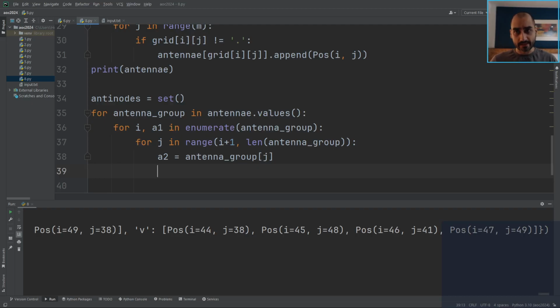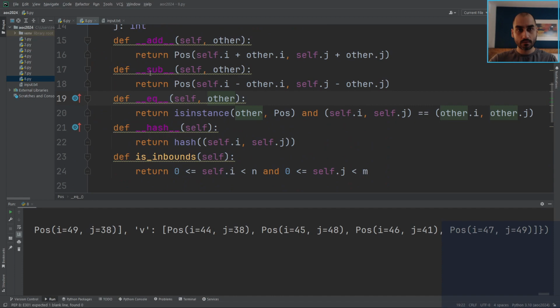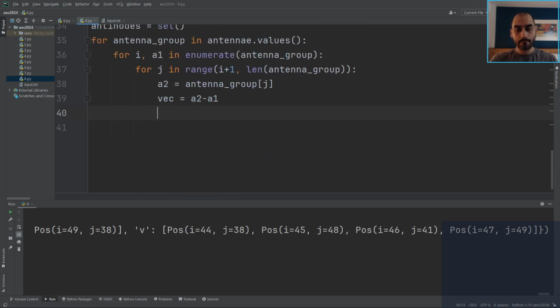We want to compute the vector from A1 to A2. Vec equals A2 minus A1. We've got subtraction. Antinode 1 equals vec plus A2. We apply the vec, so adding the vec to A1 gets to A2.